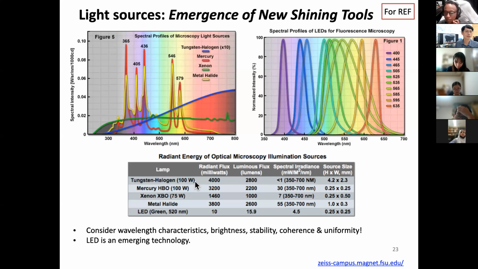So when you are designing your experiment, you have to consider your wavelength characteristics, your brightness, and also stability, coherence, and uniformity. Okay. And LED, of course, is an emerging technology. In our lab, we also have LEDs with 3 colors, 4 colors, 5 colors. However, one thing I want you to understand is that there are typical white light LEDs.